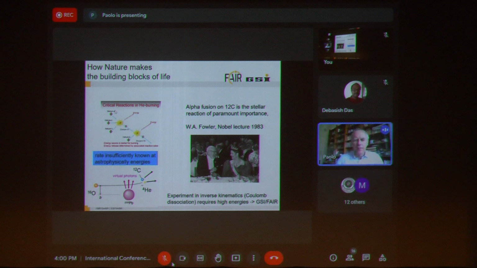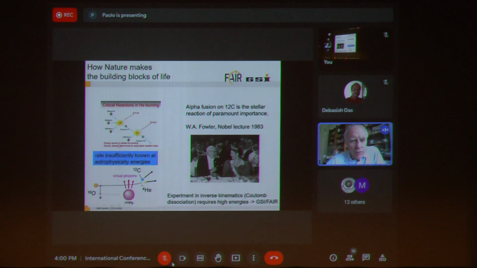I'll give you a simple example because, as I said, there are many different processes, so I can pick a couple. One fascinating one: when Fowler gave his Nobel lecture in 1983, so 40 years ago, he indicated as one of the most important experiments to be done the measurement of the cross-section for carbon plus alpha (helium) to make oxygen.